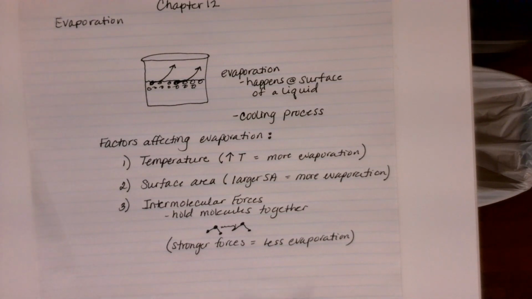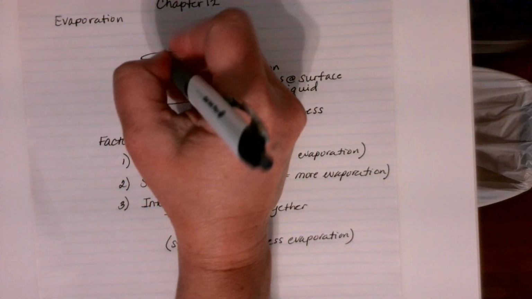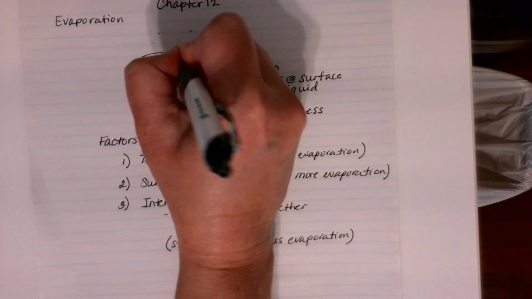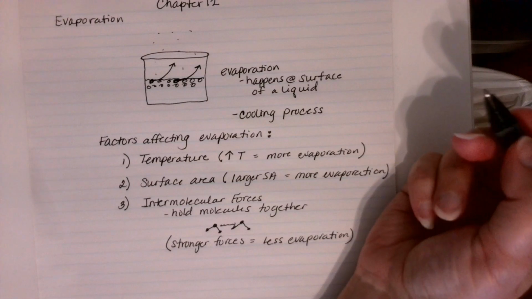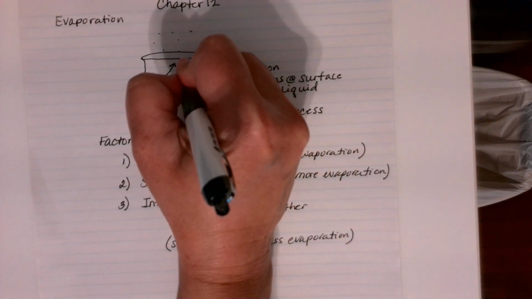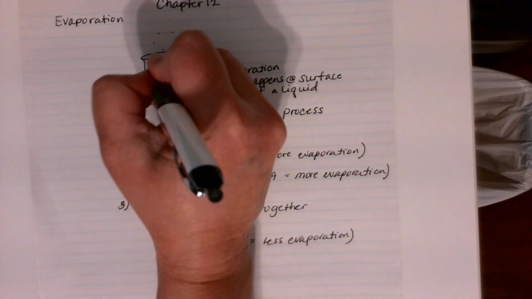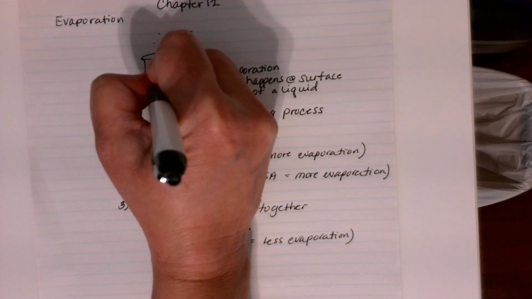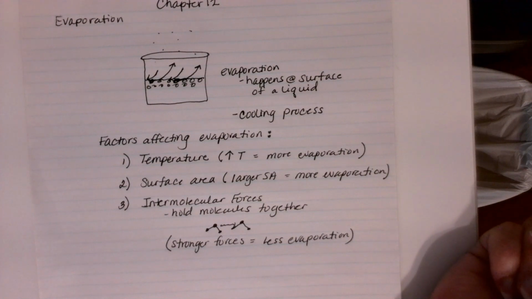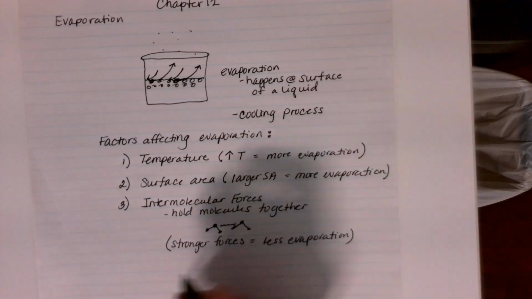Okay, now at the same time that we have evaporation occurring, we are also going to have some vapor. So here's our vapor. This is the gas that is present. Some of these gas particles have less kinetic energy, and therefore they are landing on the surface of the liquid. So maybe there's another one here, and this one's going to land on the surface. So those particles that have less kinetic energy are going to land on the surface of the liquid.